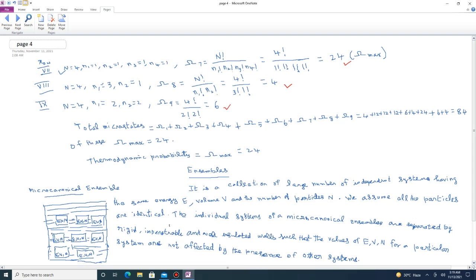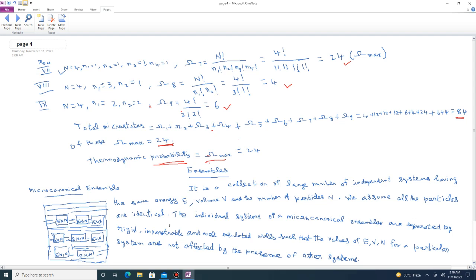So that is the total number of microstates. Of this, from this result you can find omega maximum value is equal to 24. The thermodynamic probability is defined as the maximum value of microstates.